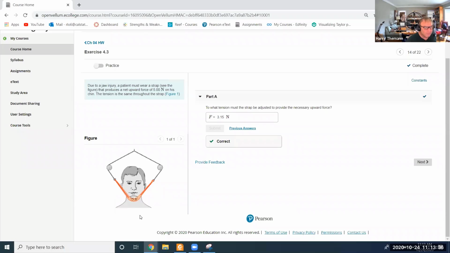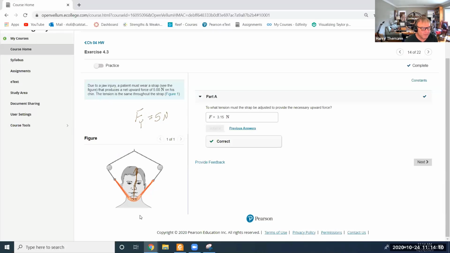Let me get the tablet over here. Let's get a darker color. This person needs to have a 5 Newton F of Y, or F net Y, I suppose.